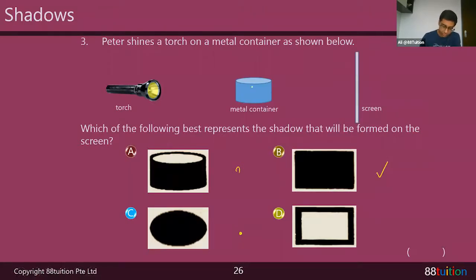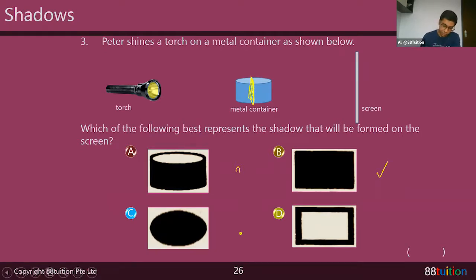Why? To know that, look at the line that I'm drawing. This part is the one that is blocked, right? And the other side as well, that is blocked. So if you really look at this part that is blocked, then it is blocked like that. This whole part is blocked. It's a square or a rectangle.